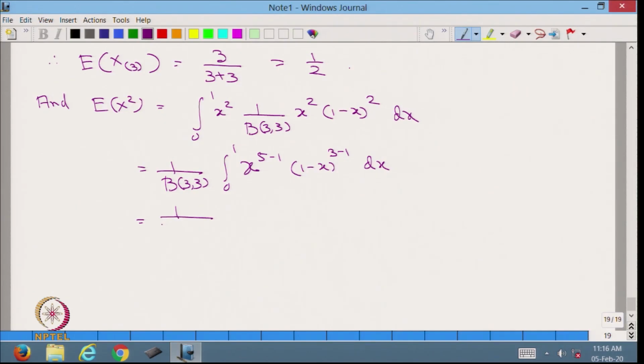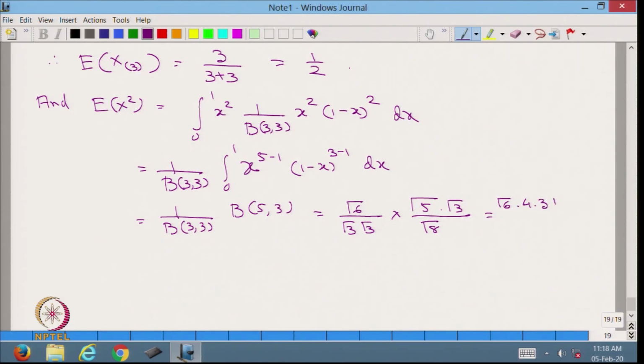which is equal to 1 upon beta(3,3) into beta(5,3), which is equal to gamma 6 upon gamma 3 into gamma 5 into gamma 3 upon gamma 8, which is gamma 6 into 4 into 3 into gamma 3 into gamma 3 upon gamma 3 into 7 into 6 into gamma 6, which is equal to 12 upon 42, which is 2 upon 7.